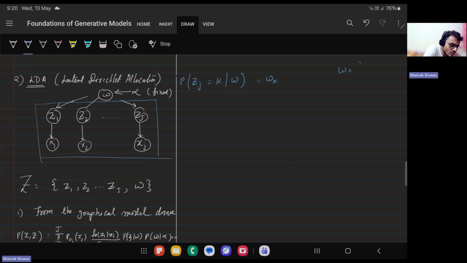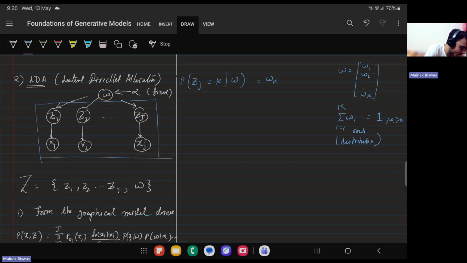So omega is a list of k numbers such that the sum of omega i, i equal to 1 to k, is equal to 1. So it's a probability distribution, and the omega i are greater than 0. For the time being, we will think that every zj equal to k given omega is just omega k.